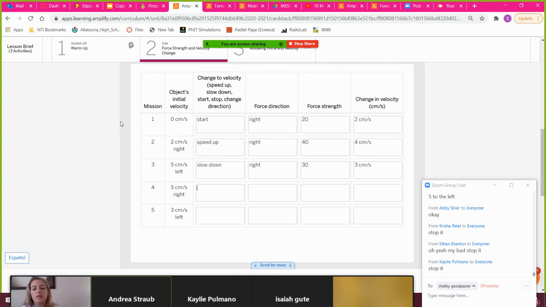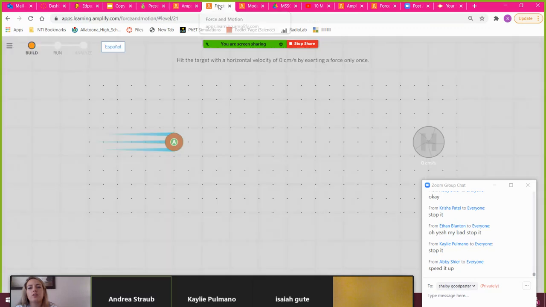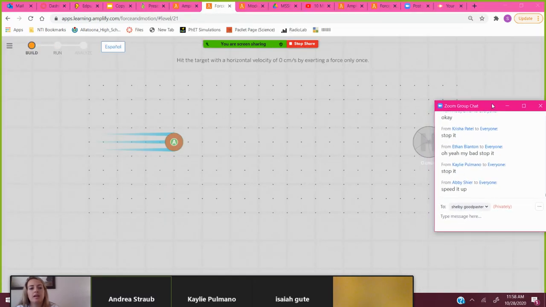All right, so we need to somehow stop this object. We need to get it from 5 centimeters per second to the right to 0 centimeters per second. Okay, so if we go back to our simulation, how many times should I press my arrow in order to stop it?